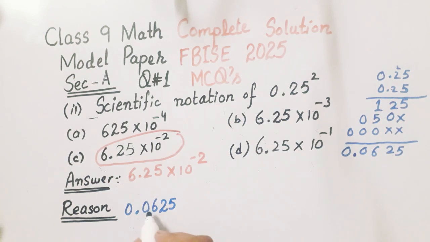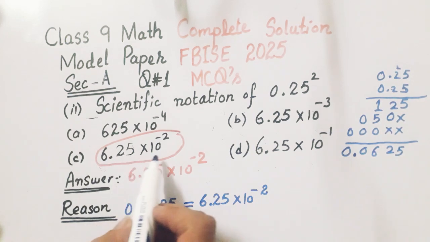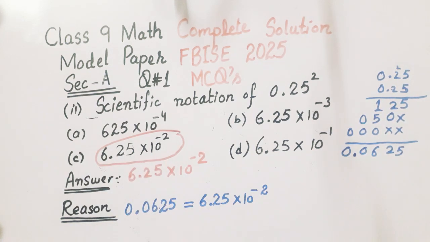Now we will move the point after 6, then it will become 6.25 multiplied by 10 to the power. We are moving from left to right, so 10 to the power minus 2. So option C will be the correct option of this question.